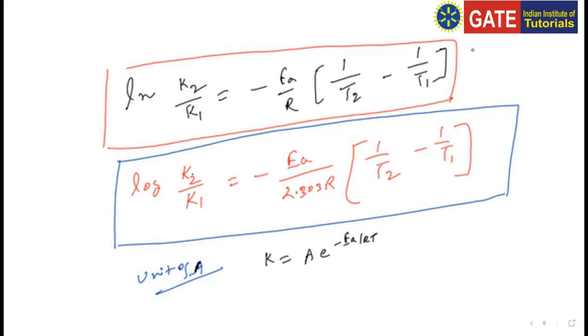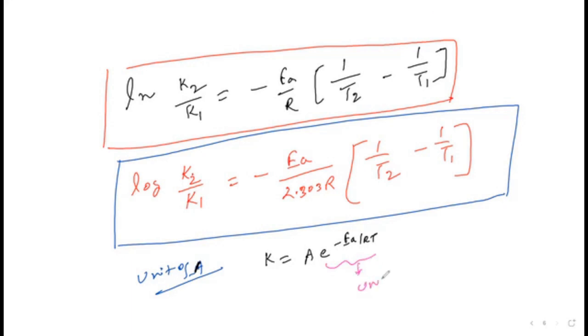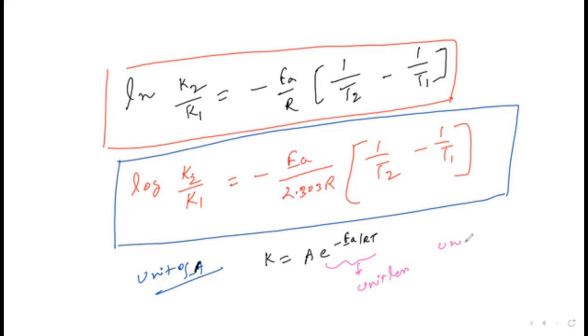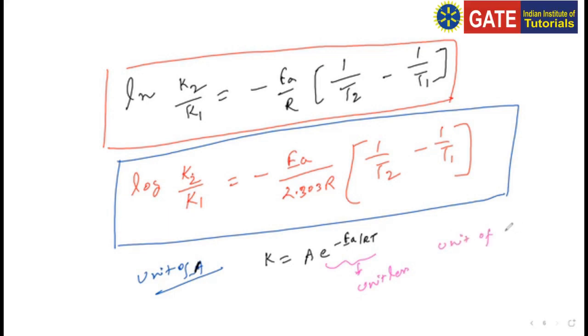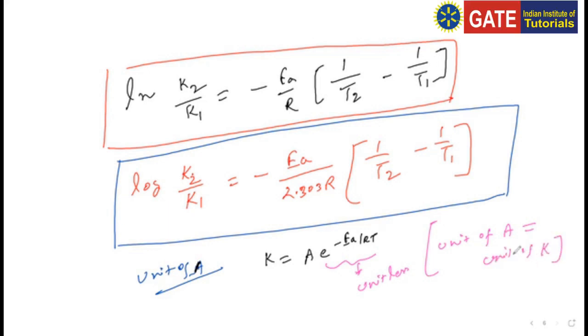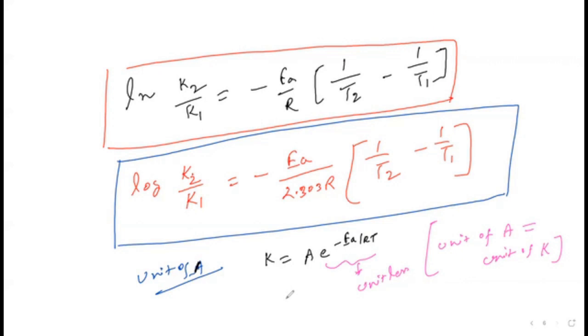E to the power anything will be unitless. That means the unit of K and A are the same. So for a first order reaction, it will be second inverse. Whatever the unit of K, that will be the unit of A. Always remember.